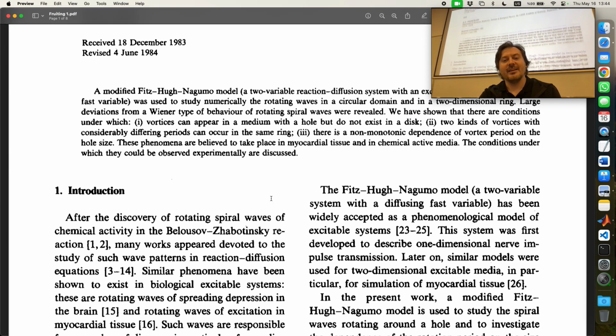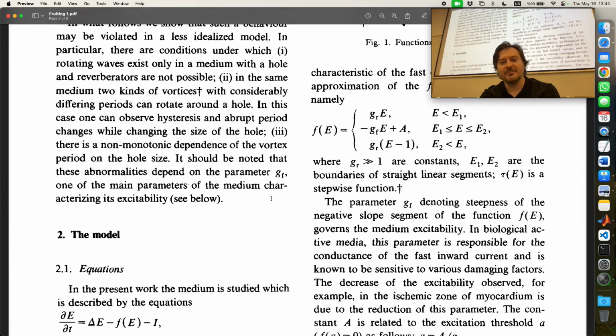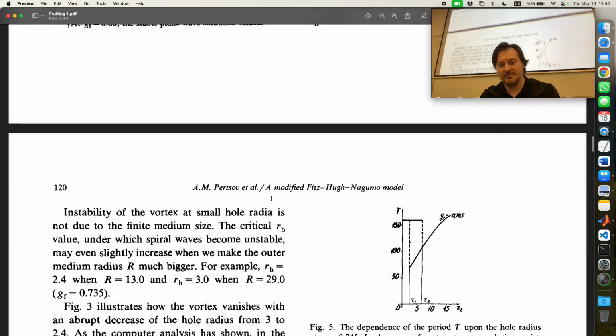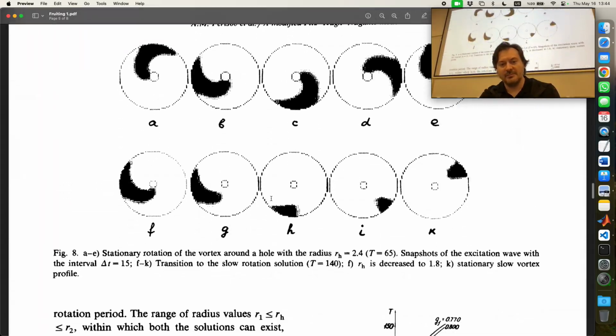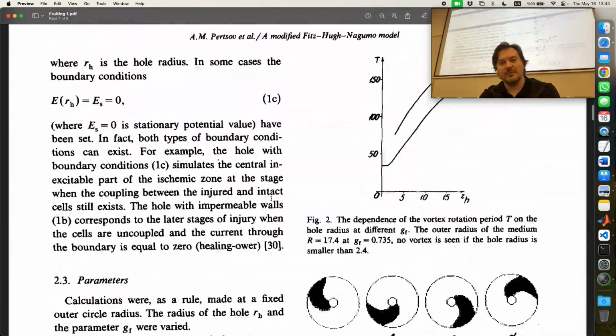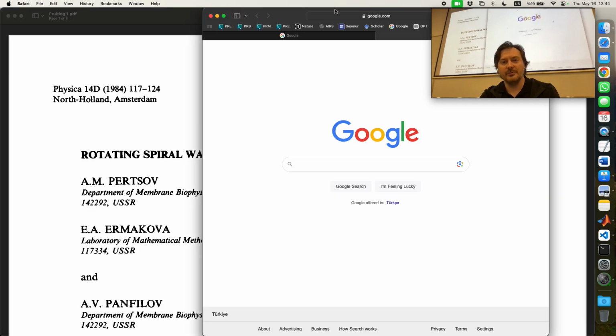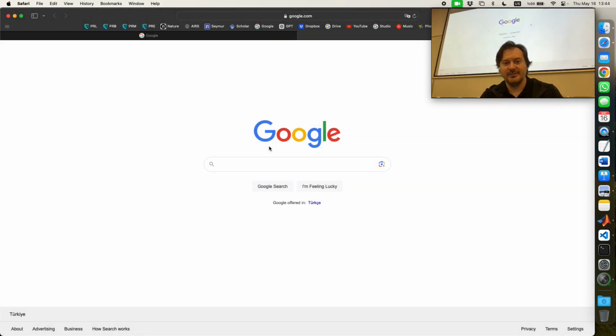Okay, and they come up with this rotating spiral wave. Okay, what is the year? It's 1984. Okay, who is Fitzhugh-Nagumo? Let's also go there.